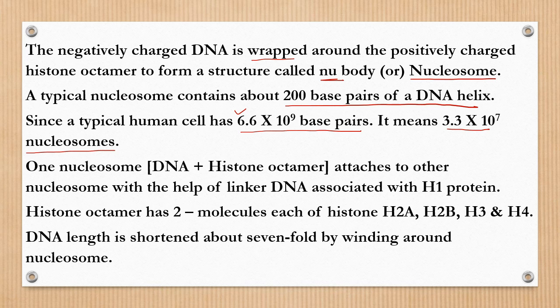Already we are given the number of base pairs: 6.6 × 10^9 base pairs are present in total. In that, each nucleosome consists of only 200 base pairs. Then how many nucleosomes are formed in a human cell? A human cell consists of 3.3 × 10^7 nucleosomes with this number of base pairs.